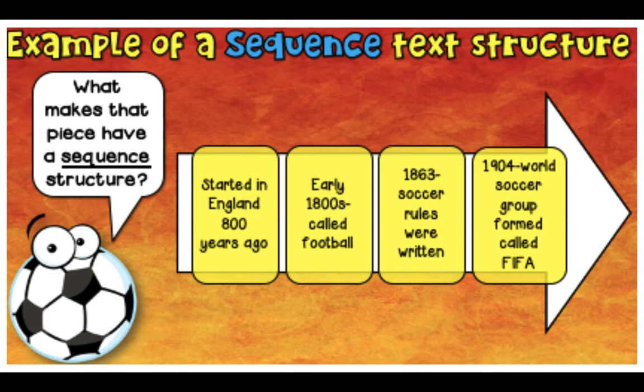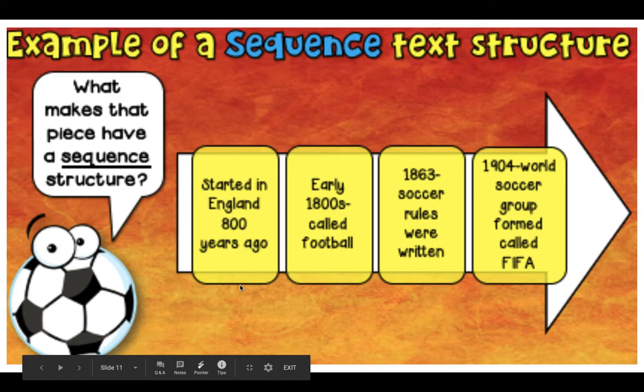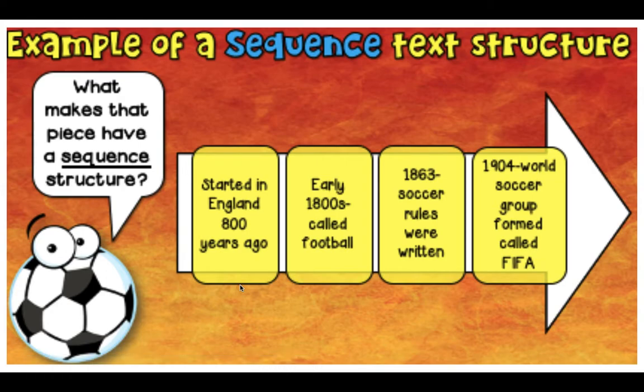Now, examples of a sequence text structure using the passage that we just read. What makes that piece have a sequence structure? Well, the first box here started in England 800 years ago. Then, early 1800s, they called soccer football.